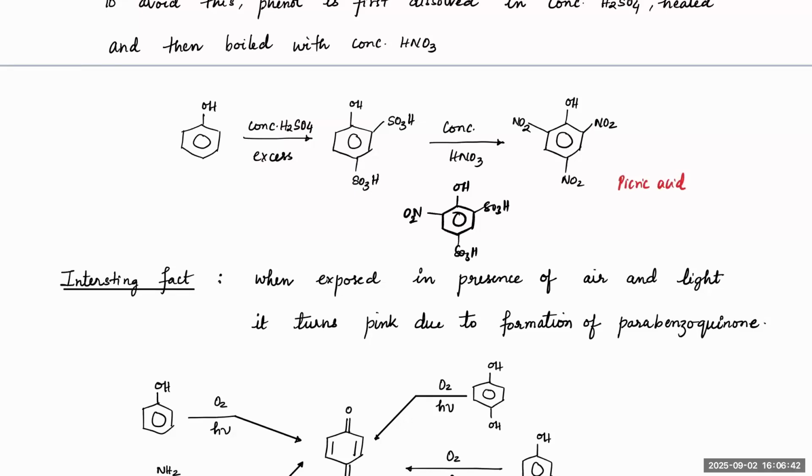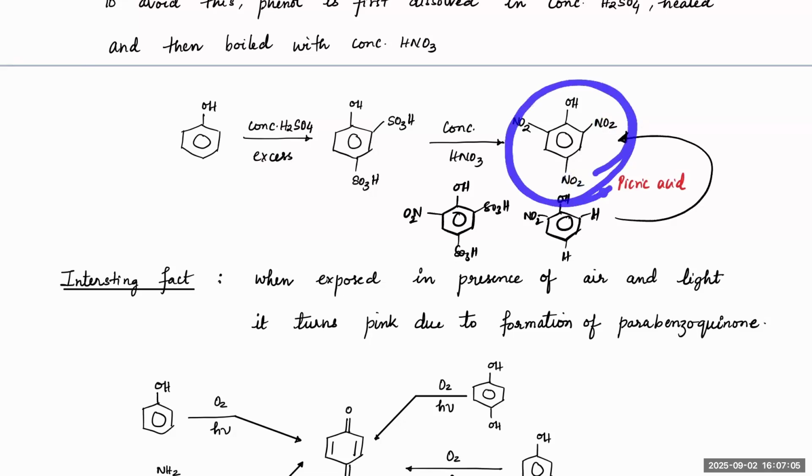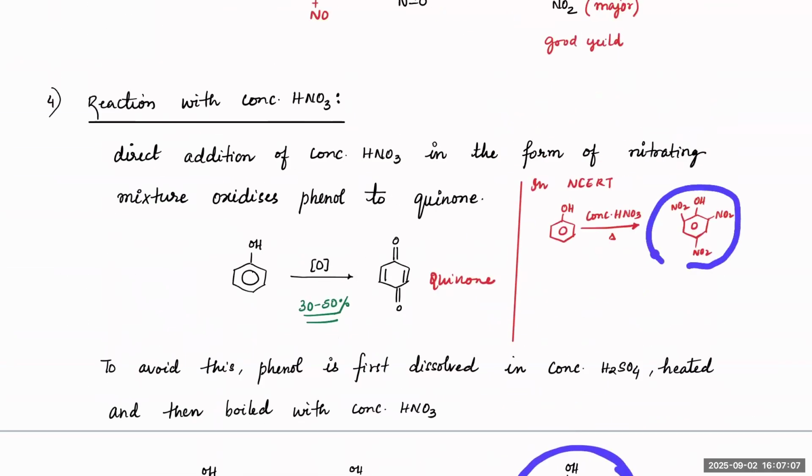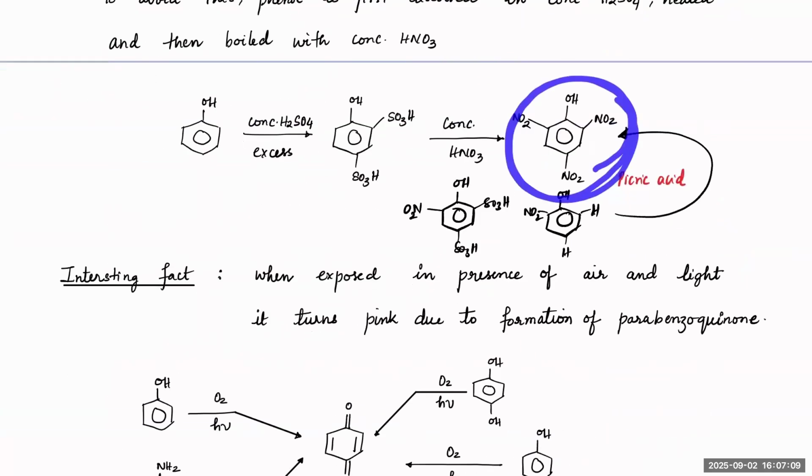Thereafter, if it goes further, because it is in a concentrated acid, it will undergo ipso substitution. That means here you will get hydrogen, and here you will get hydrogen. Now again you do nitration, so you will get two more NO2 groups, thus converting into picric acid. Now this is a better yield. So instead of going by this route directly, you first do sulfonation followed by nitration.